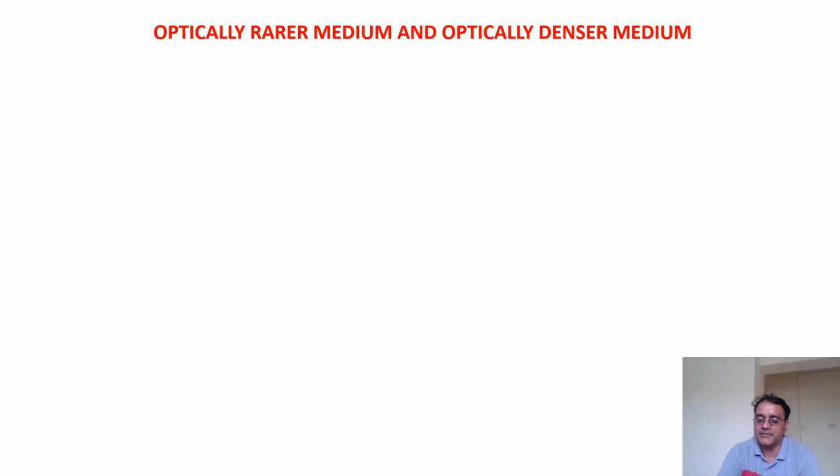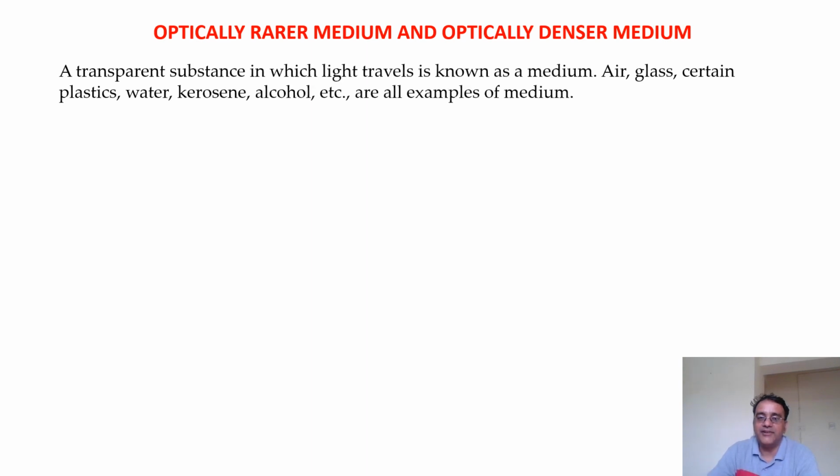A transparent substance in which light travels is known as a medium. For example, air, glass, certain plastics, water, kerosene, alcohol, etc. are all examples of medium. And different mediums are said to have different optical densities.